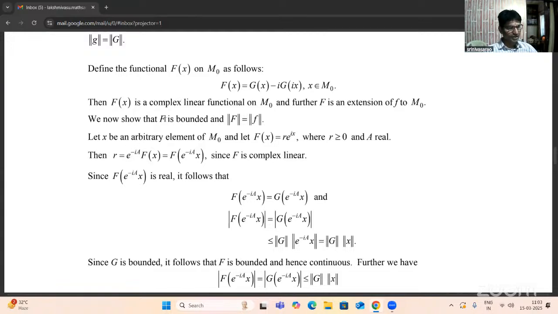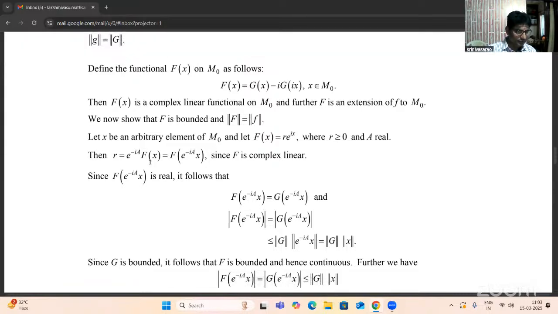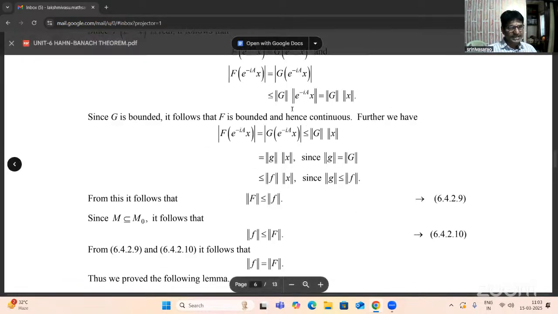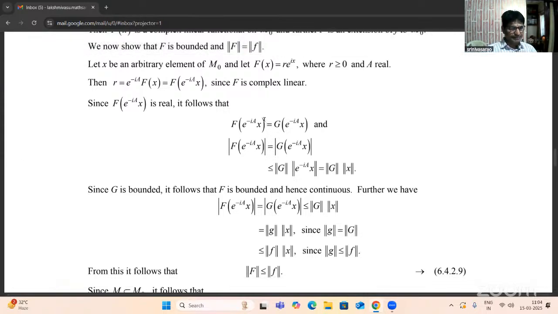Now here F is complex linear, so just you have to see here: capital F of e power minus iA into x is real. So F of e power minus iA of x equal to capital G of e power minus iA of x, both are equal here.